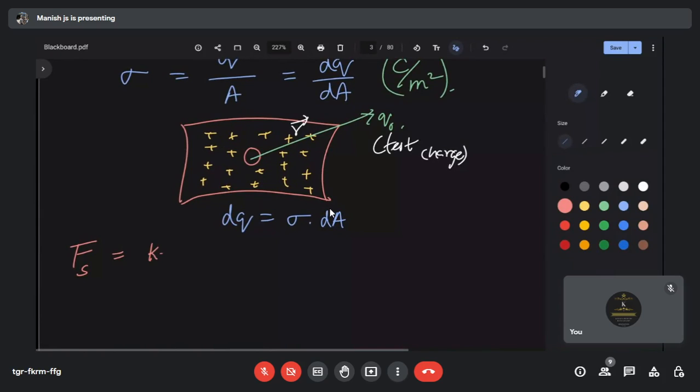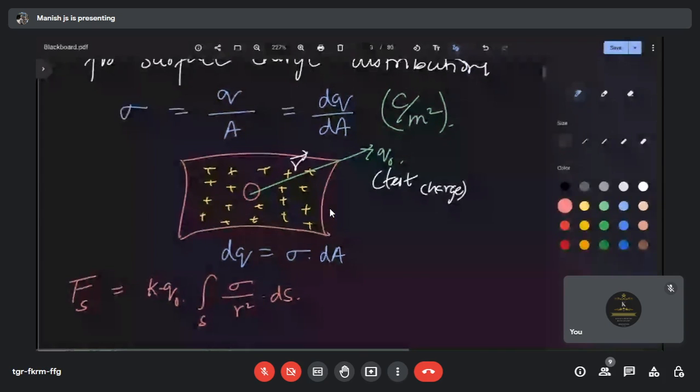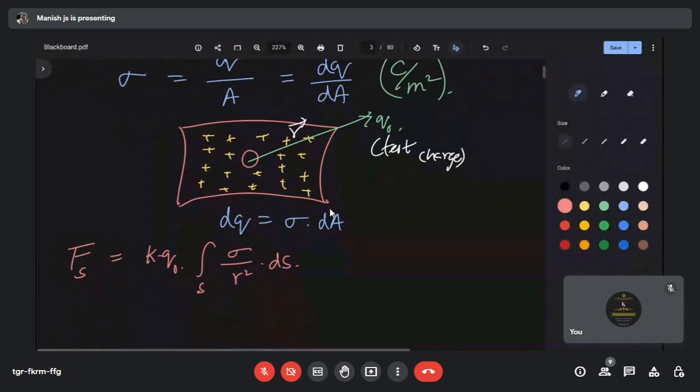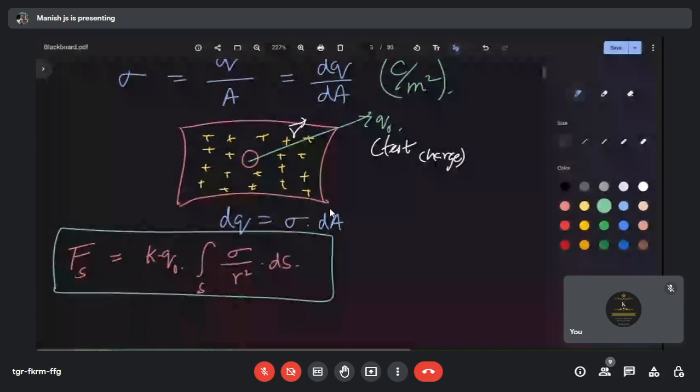Same way we can write k into Q naught integral. Here you have to take the surface, sigma upon r square into ds. There we took dv, here we take ds, that's all. This is nothing but the surface. So for the surface we are taking ds, where ds is nothing but the change in surface. Simple. So we can find out what is the force.